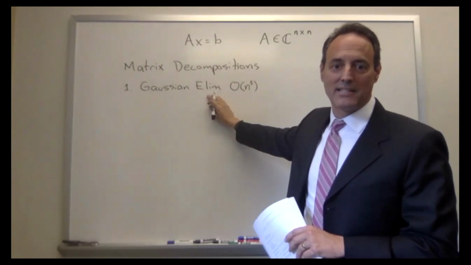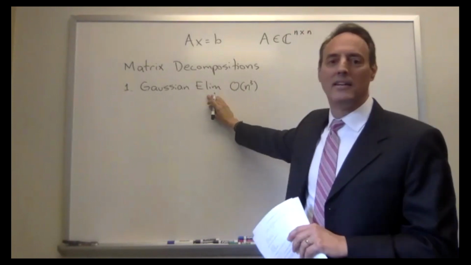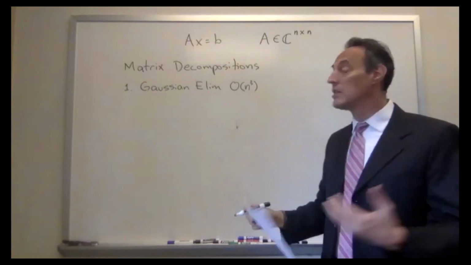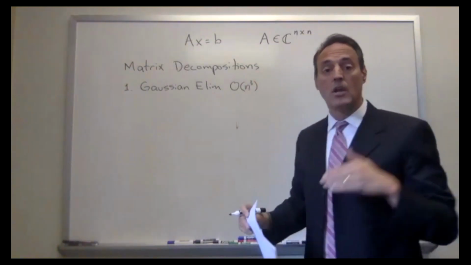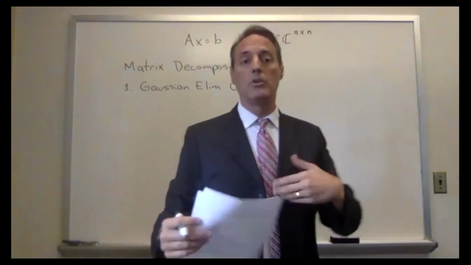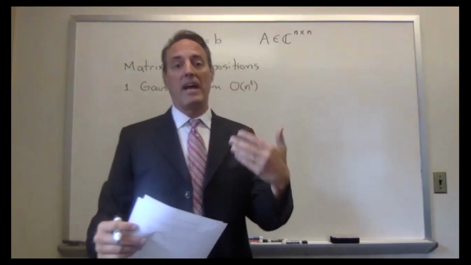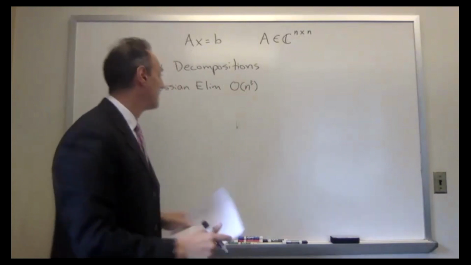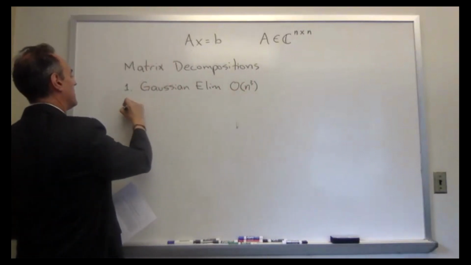People will say, go get an education and come back, because this is not what we should be doing. When we do computational solves for this, our goal is to figure out how to do these with fast algorithms and fast ways. Okay, so let's talk about different decompositions.